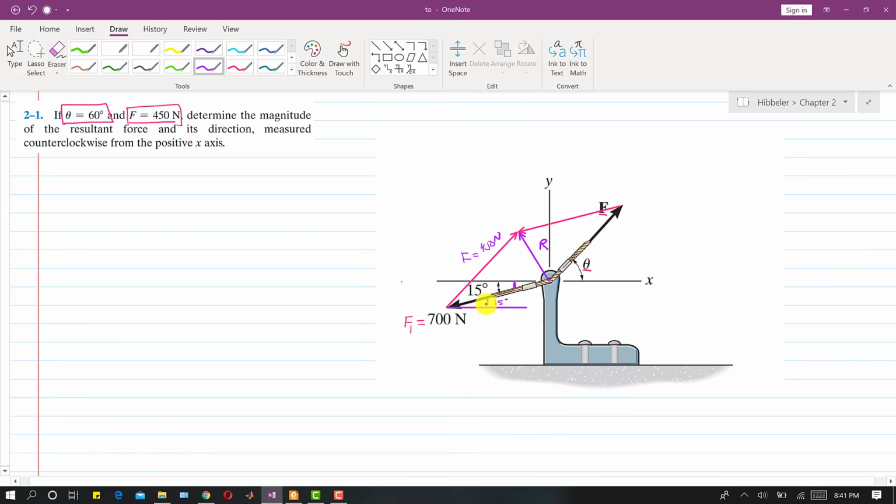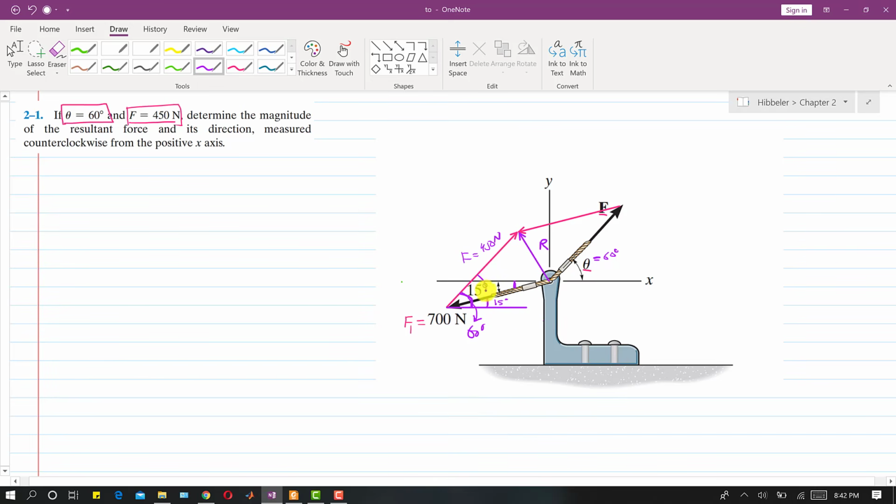As we see, this force is making 60 degrees with the horizontal, so this whole angle is 60 degrees. So this force is making 60 degrees with this positive x-axis.